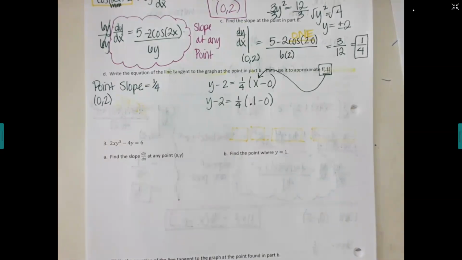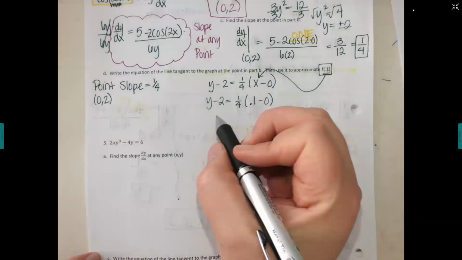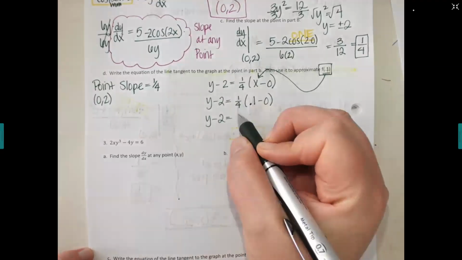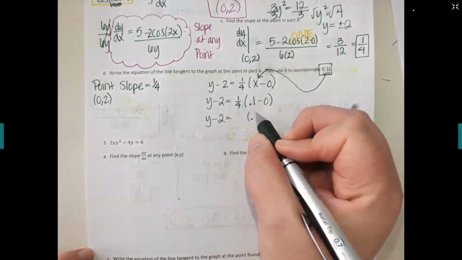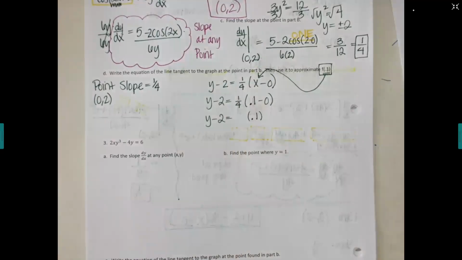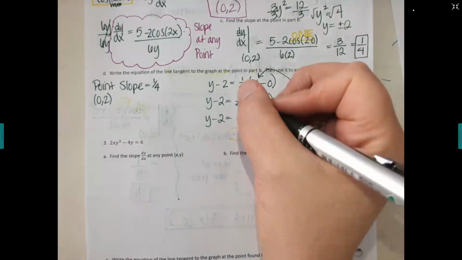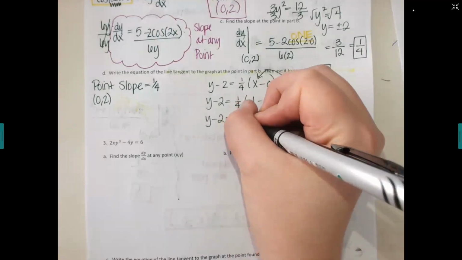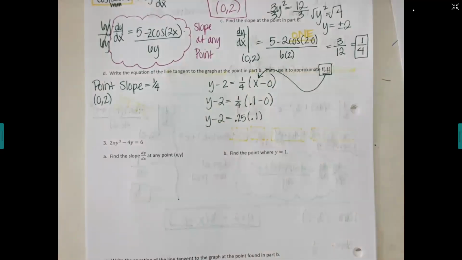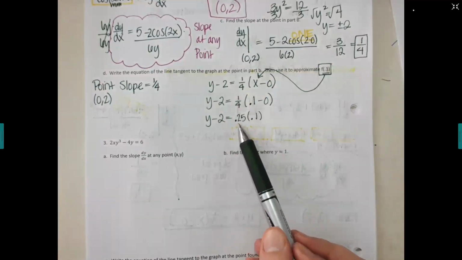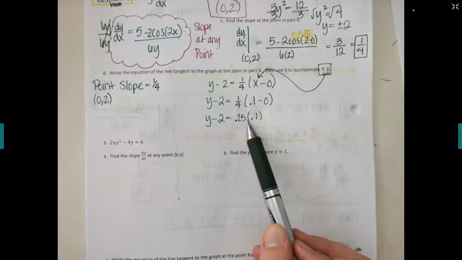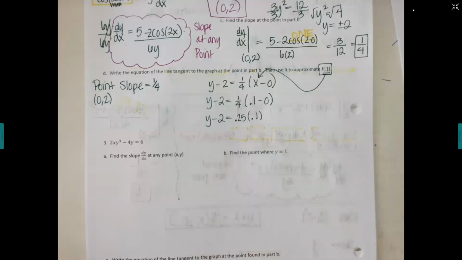Now from here, what is 0.1 minus 0? It'd still be 0.1. And then the problem that we're going to run into is that we have a fraction and we have a decimal. So really, we need to pick one rather than having one of each. So is 1/4 easily converted into a decimal? What would that be the same as? Okay, 0.25. Very good. And now when you are multiplying any number times 1, do you know that it stays the same? 0.1 is going to stay the same, but you're going to bump the decimal one spot forward.